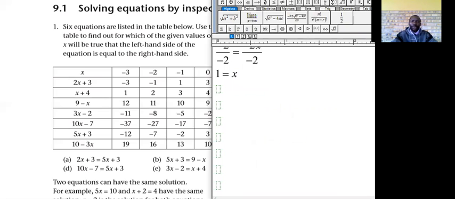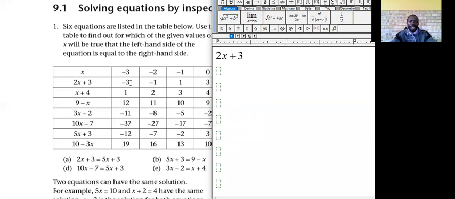So what we are trying to do here is to say that if we are dealing with 2x plus 3, then if we put this value of x inside here, we must find -3.